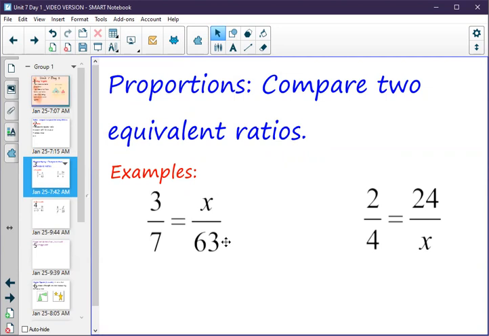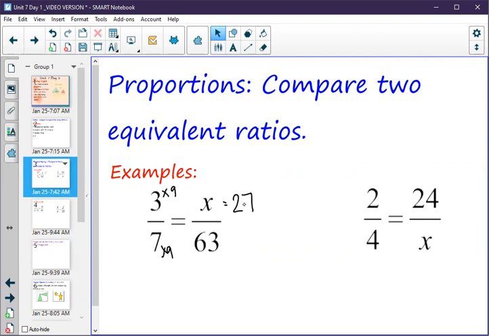The quickest way in this particular example is I notice that if I take 7 times 9, I get 63. If that's true, I need to take 3 times 9 and I'm going to get x is 27, because again, these are equivalent.